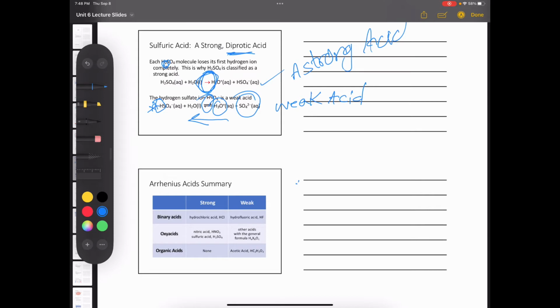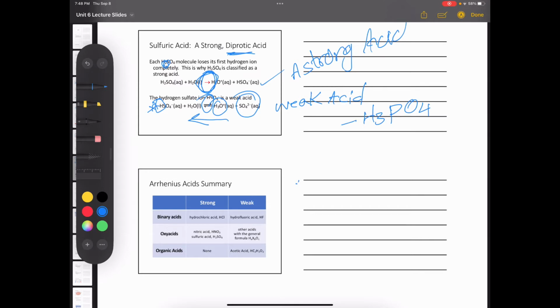There are also other acids that have multiple protons and go through multiple stages of deprotonation. An example is H3PO4, phosphoric acid.